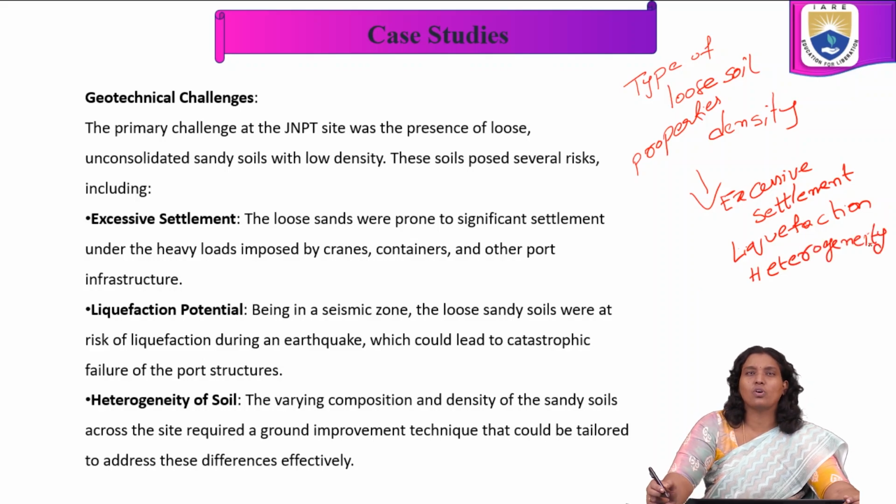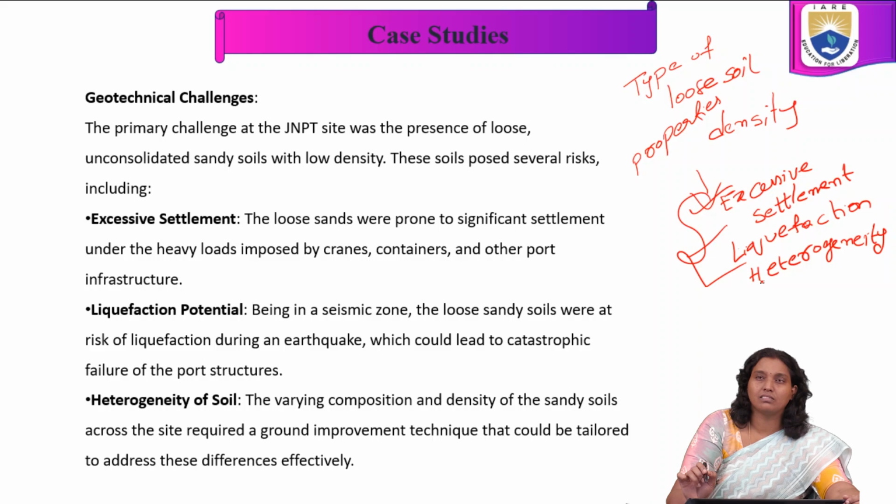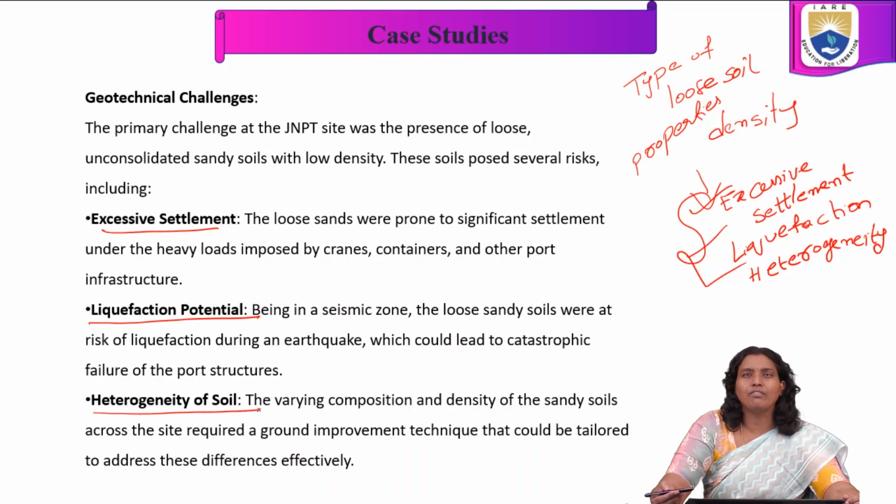These are the parameters which we are going to understand in this type of soil. These are the challenges we understand from this kind of soil. So these soils posed several risks including excessive settlement, liquefaction potential and heterogeneity of soil.